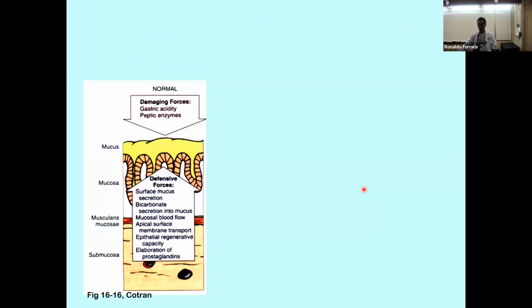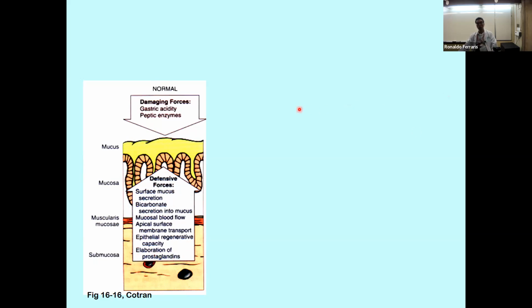So how do you get ulcers? Under normal conditions depicted here, the damaging forces represented by enzymes and acidity are balanced by what I just showed you, mainly mucus secretion, bicarbonate, and prostaglandins, because prostaglandins inhibit acid secretion via cyclic AMP.